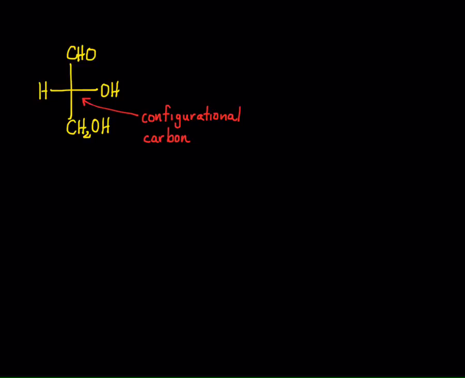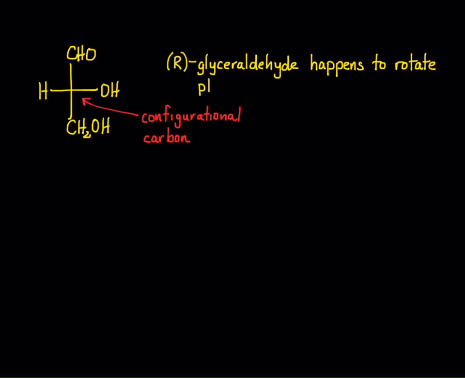Now, why is it called the configurational carbon? Because Fischer projections came about by a chemist by the name of Emil Fischer, and he really set the standard for conventions of carbohydrates. When he was looking at R-glyceraldehyde, he noticed that R-glyceraldehyde happens to rotate plane polarized light in a clockwise manner.